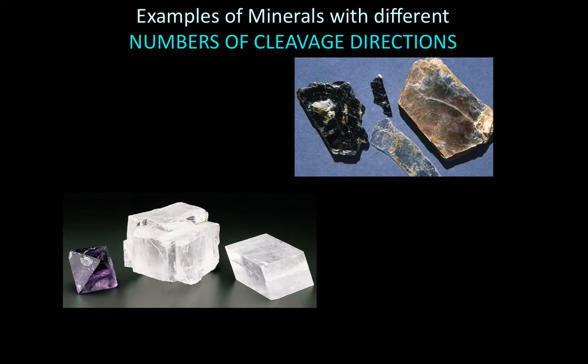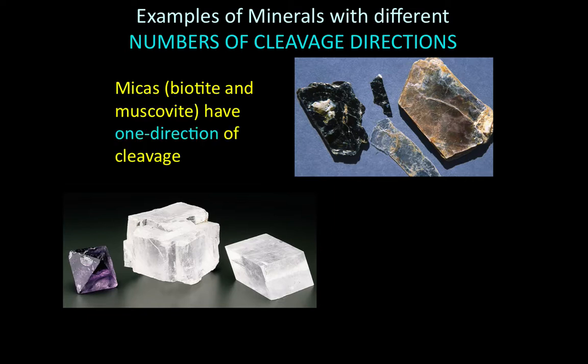And so the micas are called those that have one direction of cleavage. In this bottom picture, this purple mineral is like a pyramid on one side, and then there's a pyramid on the back side that you can't see. That's an example of a mineral with 4 directions of cleavage. This is the one from the previous page with 3 directions. And this rhombohedron also has 3 directions of cleavage.